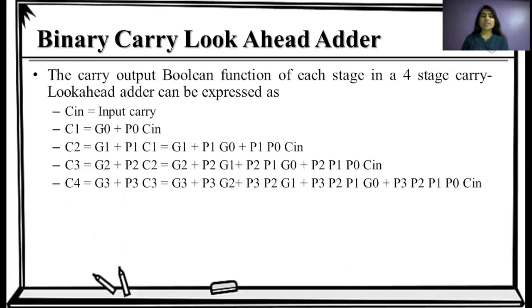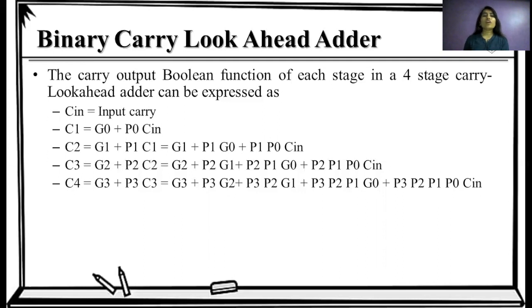Now using this equation, how can we calculate carry in advance? The carry output Boolean function for each stage in a 4-stage carry look ahead adder can be expressed as follows. Cin is the input carry, then the next carry C1 equals G0 plus P0 Cin, which results from the previous carry output.